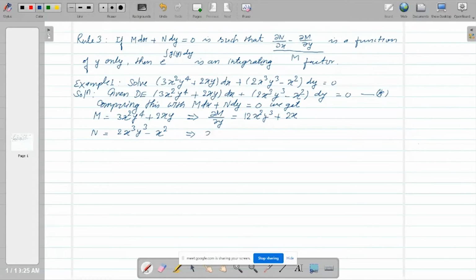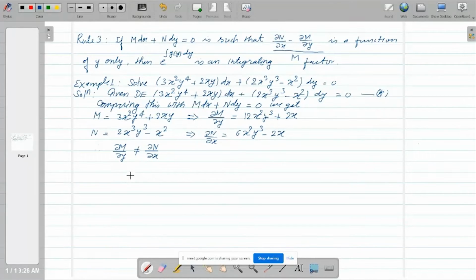So ∂N/∂x equal to 6x²y³ minus 2x. So from these two we can observe that ∂M/∂y is not equal to ∂N/∂x.